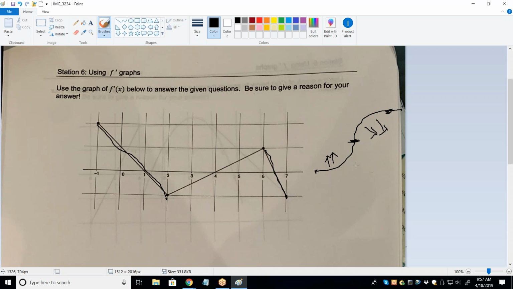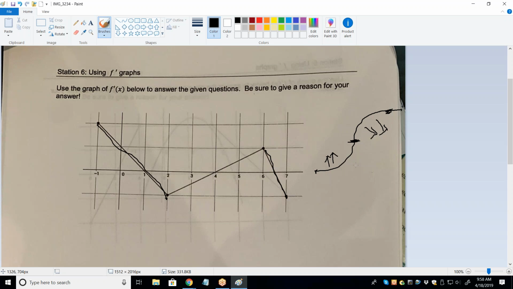Well, where is the second derivative 0 on this chart? In other words, this is the first derivative. Where's the second derivative 0? 2 and 6. Actually, I think I got the definition slightly wrong.